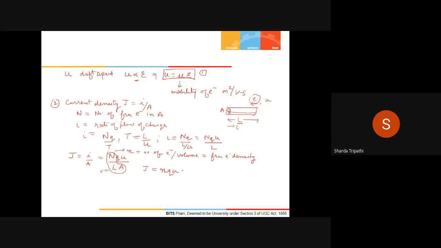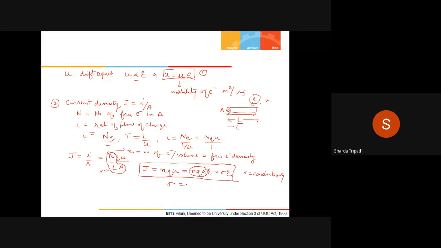Further, if you want to substitute the value of drift speed, then this can also be written as n q into mu into E, where mu is the mobility of the electron and E is the electric field. And this has a more popular term: n q mu is sometimes called sigma, so J equals sigma into E, where sigma is the conductivity of that material.